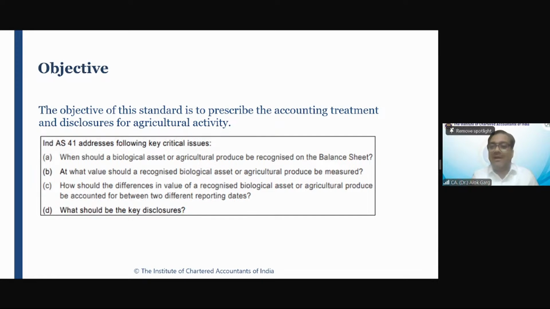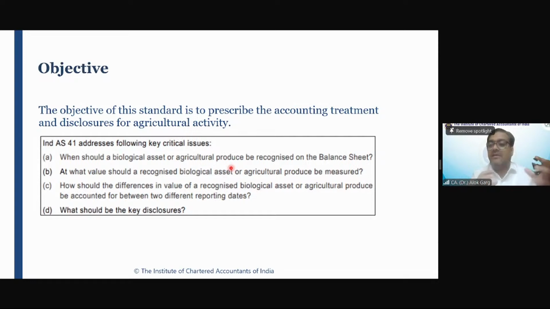Understood? So this standard talks about when a biological asset, a living animal or plant, or the outcome, the fruits, the wool, the milk from a cow, should be recognized.